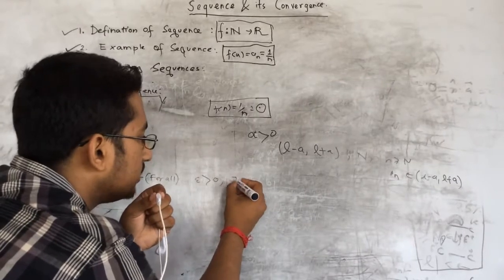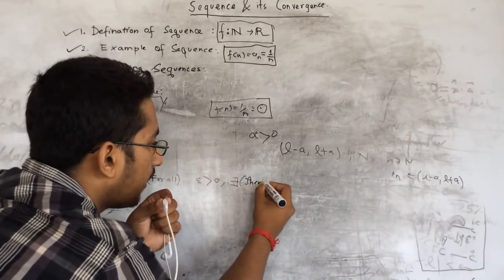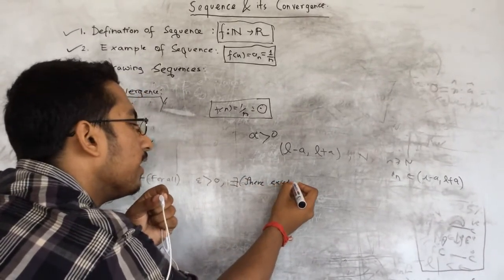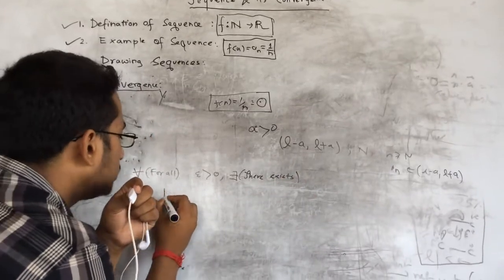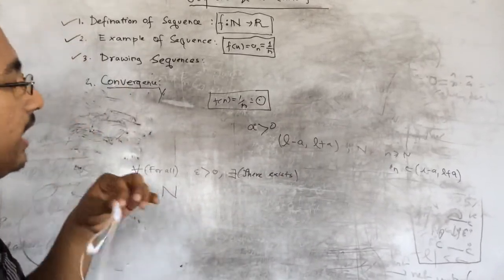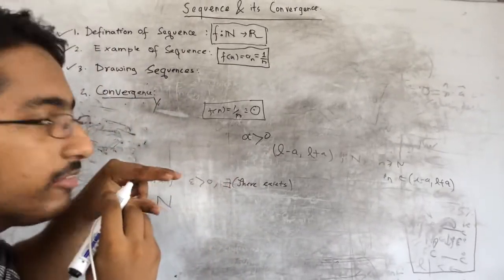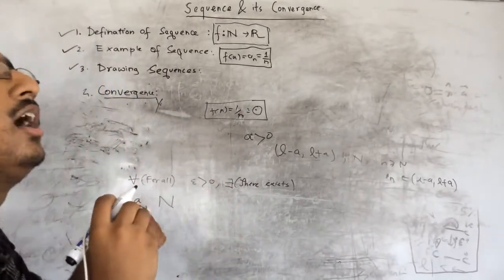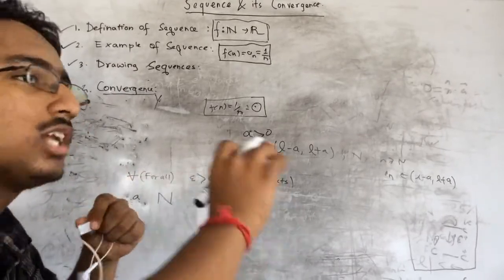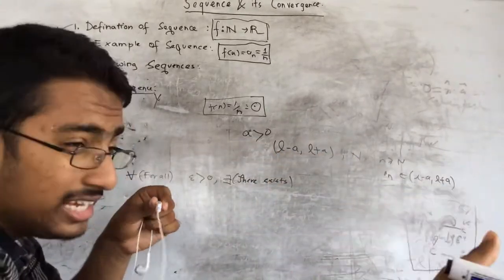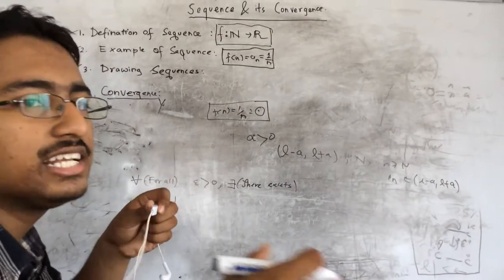There exists a natural number n. As we have seen, as epsilon gets smaller and smaller, we take a smaller strip, and the n after which all numbers lie in that strip gets larger and larger.